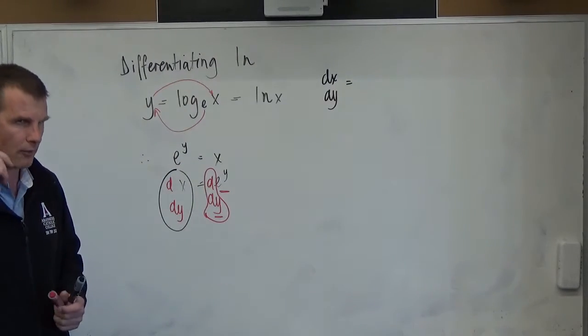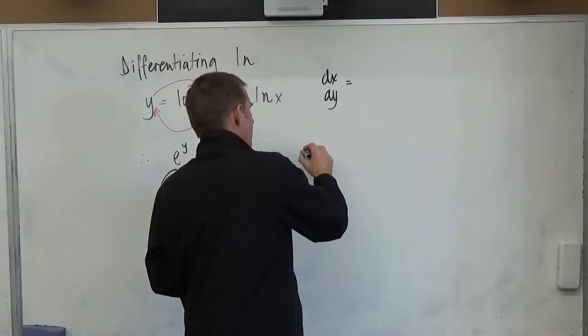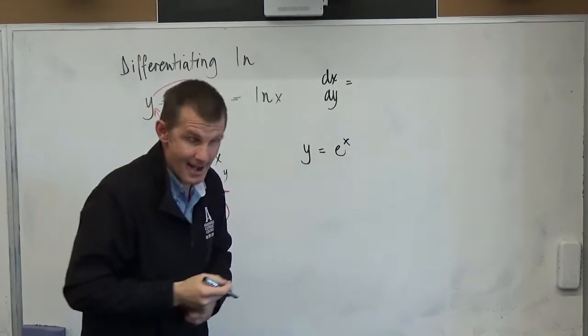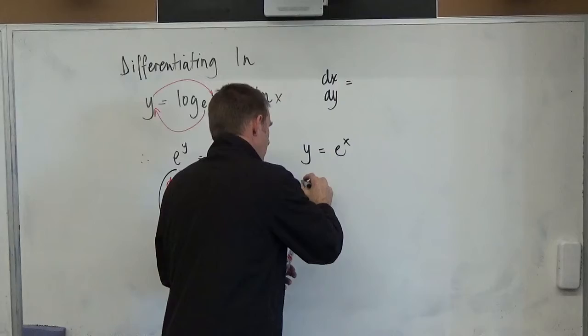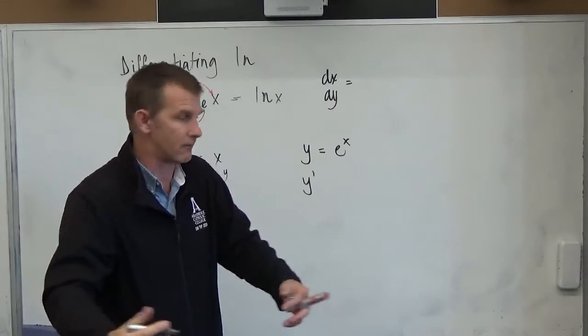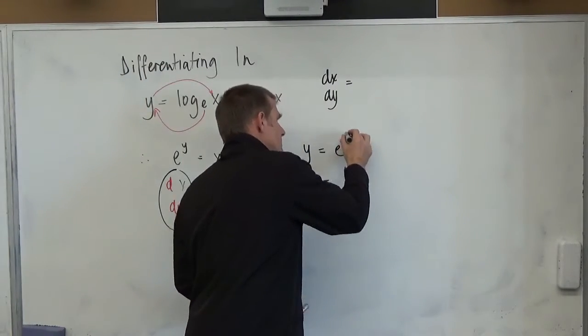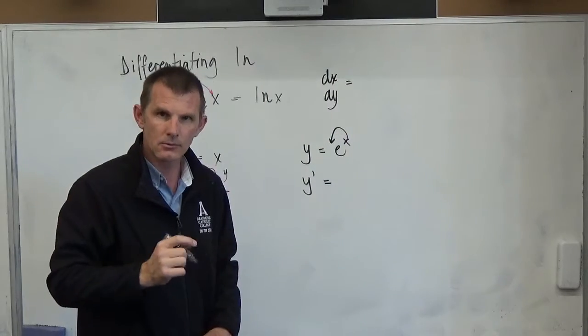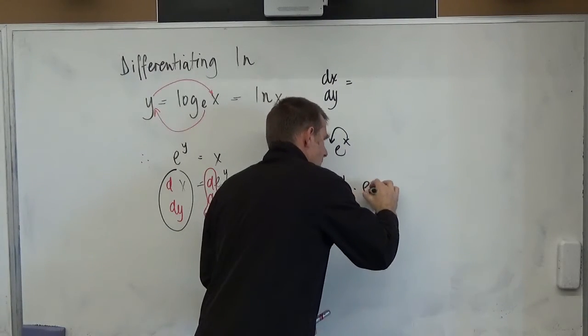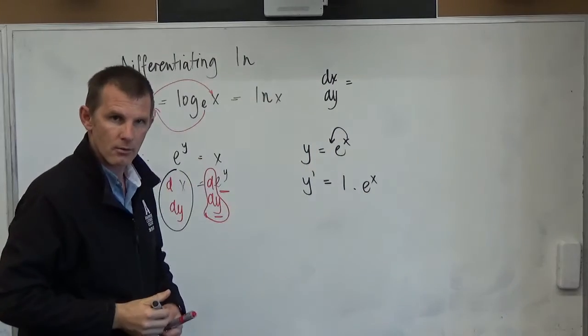Now, those that are kind of thinking ahead, you will remember if I had, look at this for a minute, y equals e to the x, and I took the derivative of it, y dash or dy/dx or f dash of x, then the rule is power out front, derivative of power out front, and write the same again. So this would be that there, wouldn't it? Right?